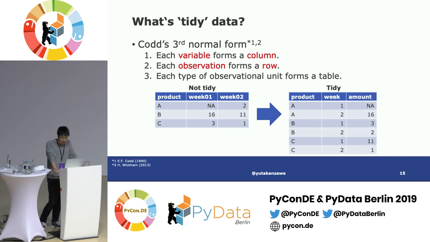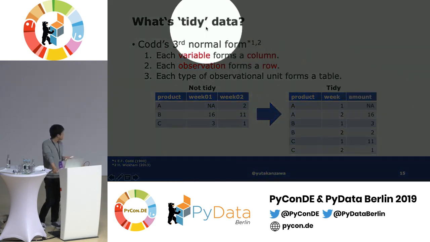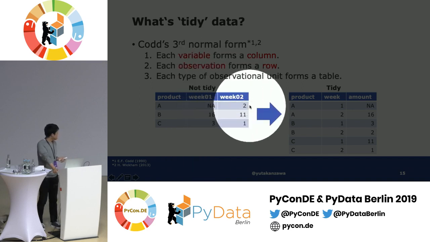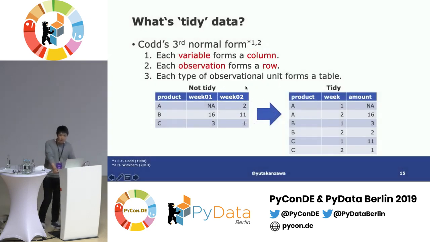But in this example, the left table is not tidy because week 01 and week 02 are different time points, and they should be values of week, as in the right table.